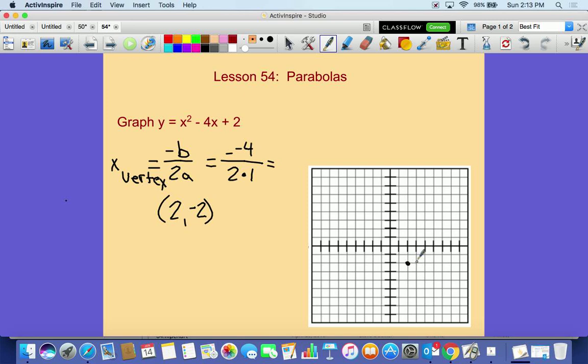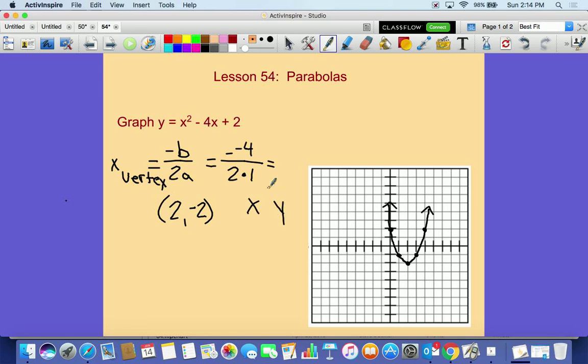We can go over 1, up 1, over 2, up 4. Back 1, up 1, back 2, up 4. If you don't want to remember that shortcut, that's fine, you don't have to. But you do need to find some other points on this graph.